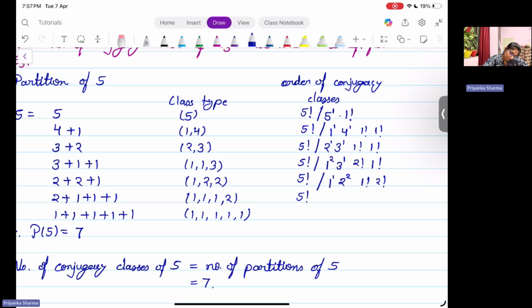Now this is factorial 5 divided by 1 to the power 3, 2 to the power 1, with factorial 3, factorial 1. Here factorial 5 divided by 1 to the power 5 and factorial of this power.